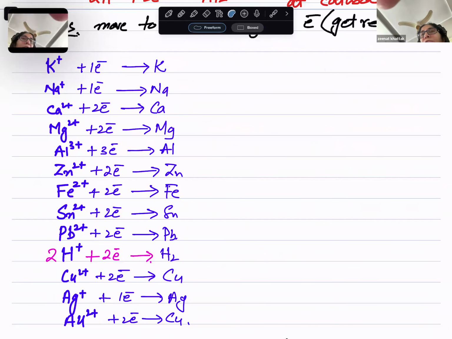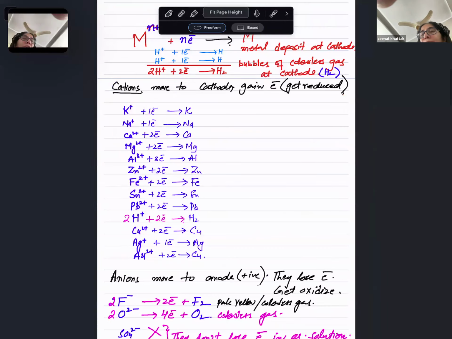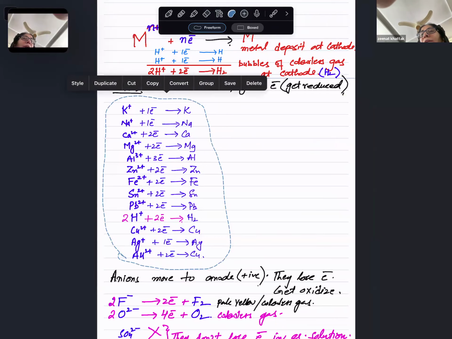This is the reactivity series of cations.